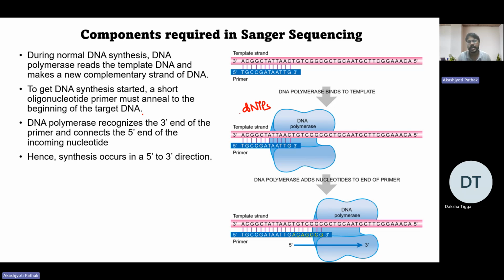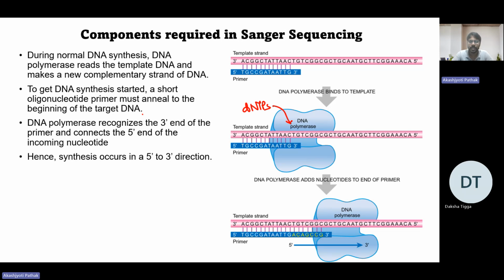The incoming dNTP is attached to the 3' end of the primer, and hence synthesis occurs in a 5' to 3' direction. One by one, if it is T, then dATP will be attached, complementary to the thymine. Then for guanine it will be dCTP. One by one, it will attach the corresponding dNTP.